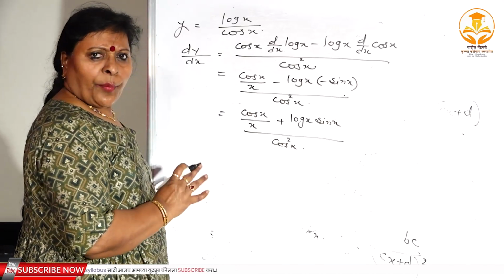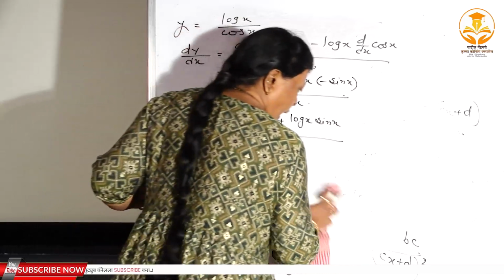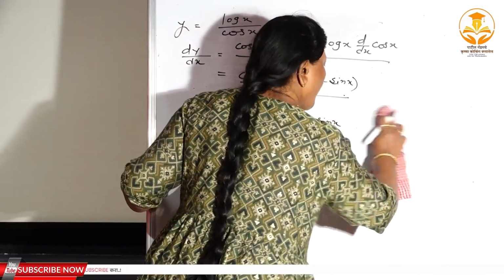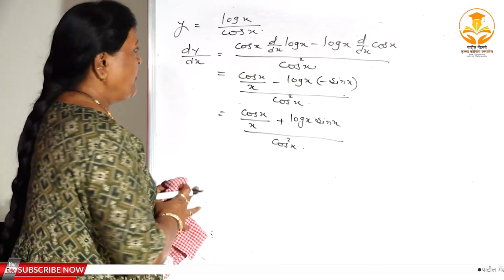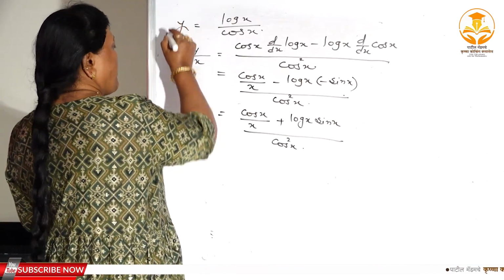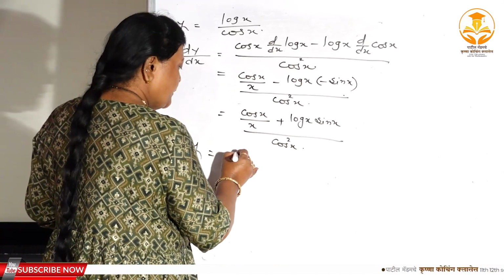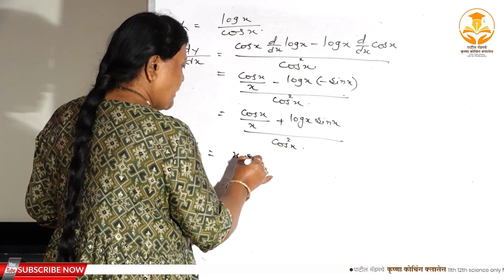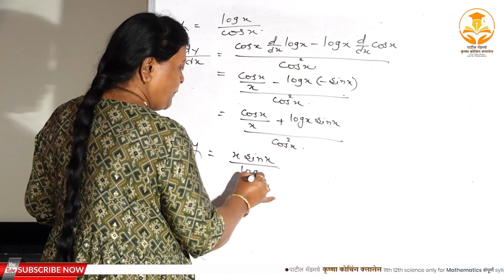There are so many problems, different types of problems. Therefore, I am going to take more and more problems so that the picture gets clear. That is about the division rule. Again, I will take another problem here. y is equal to, suppose, x sin x divided by log x.